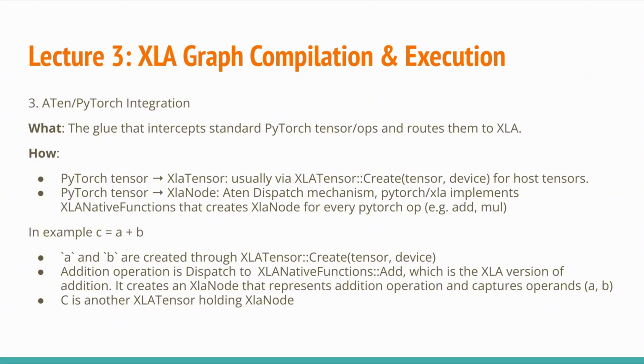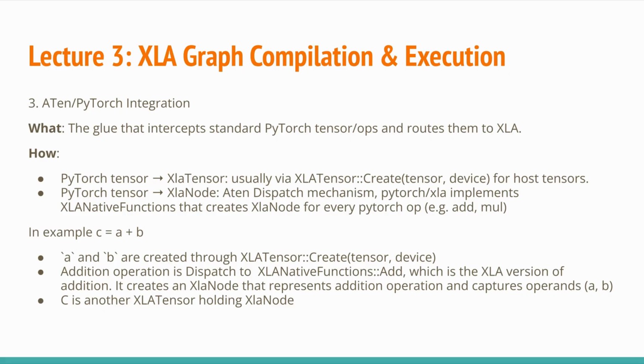In the example of c = a + b, you write this statement in Python PyTorch. When Python executes this line, the ATen dispatch mechanism kicks in. a and b are converted to XLA tensors through the creation function. The addition operation is routed to the XLA native function for addition, which is the XLA version of addition.